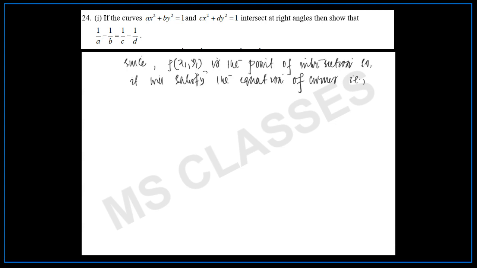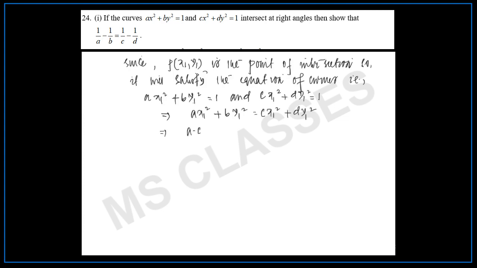That is, a x1 square plus b y1 square equal to 1, and c x1 square plus d y1 square equal to 1. And this implies a x1 square plus b y1 square equal to c x1 square plus d y1 square. Now from this, a minus c into x1 square equal to minus b minus d into y1 square.